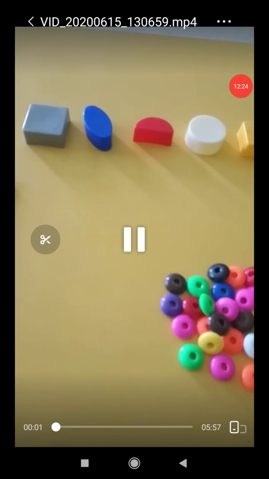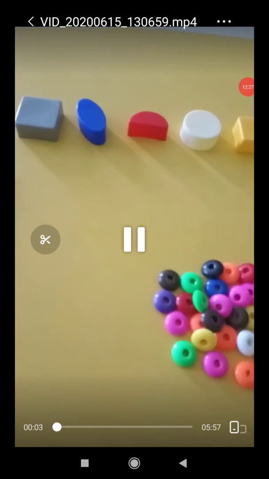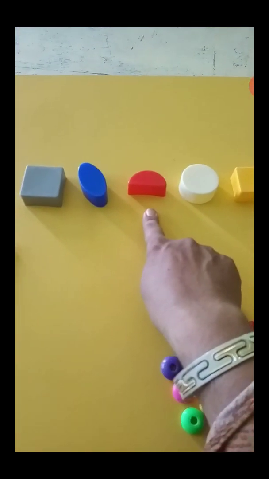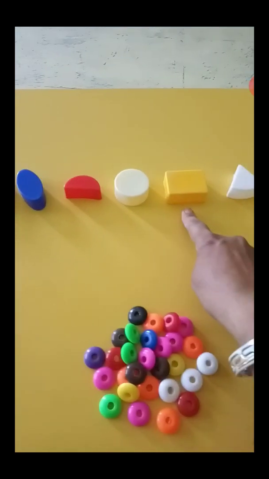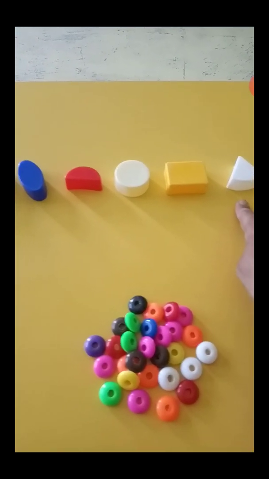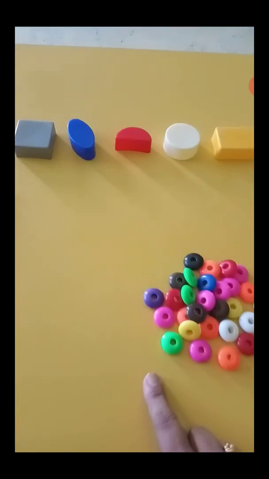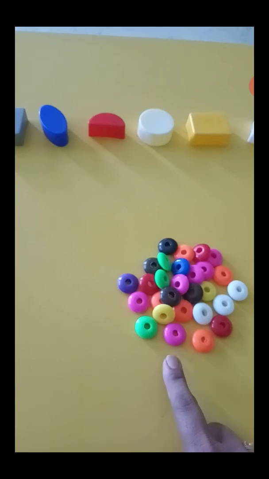Now students, let's do an activity. In this activity, I have some shapes like square, oval, semicircle, circle, rectangle and triangle. And I have some beads also. Now students, you make the shapes with the help of beads.